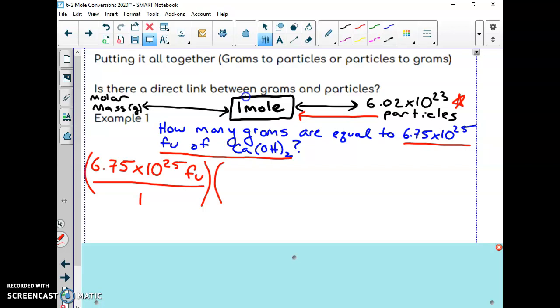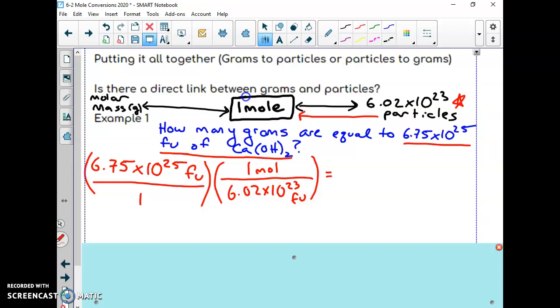So let's do that. We're in terms of formula units. They are 6.02 times 10 to the 23rd particles. Formula units are a type of particle. And that's equivalent to 1 mole of anything, in this case, formula units of calcium hydroxide. So this is not really that different from what we did in part 2.